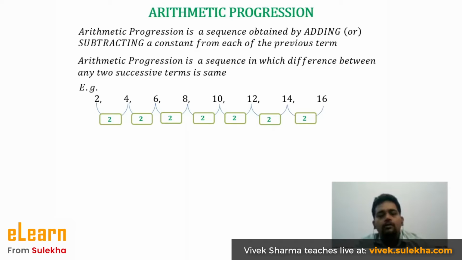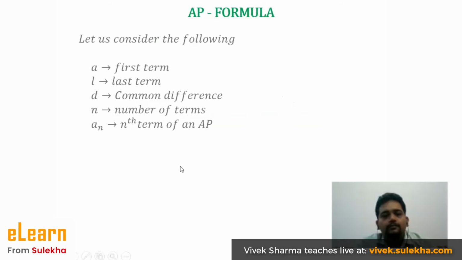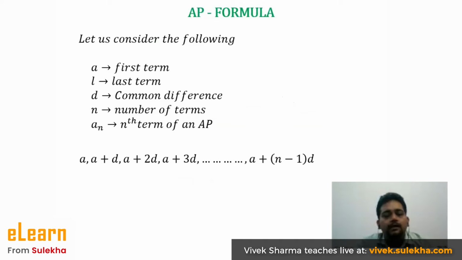So if your first term is defined as A and the common difference is defined as D, the nth term of the sequence will be A plus n minus 1 into D, because the first term has 0D, the second term has 1D, the third term has 2D, the fourth term has 3D, and similarly the nth term will have A plus n minus 1 into D. This becomes the universal formula to calculate the value of the nth term.